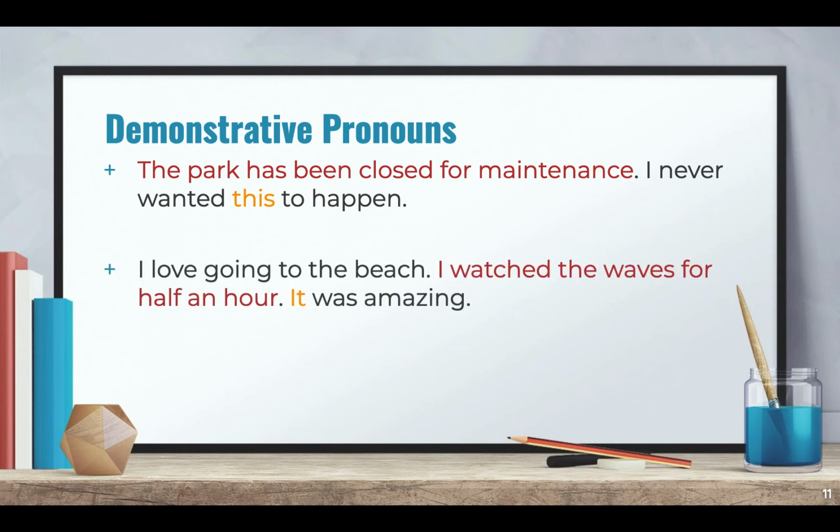I love going to the beach. I watched the waves for half an hour. It was amazing. In this example, the antecedent for it is the experience of watching the waves. In both cases, the antecedents aren't explicitly stated and must be inferred by the reader.